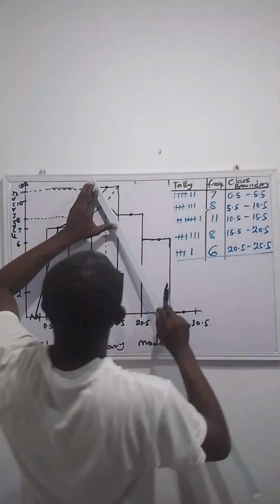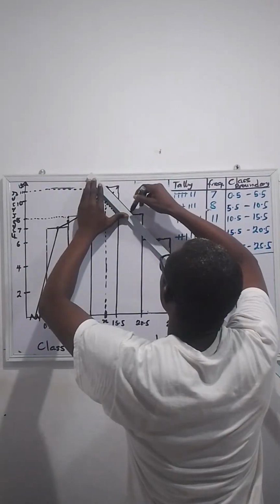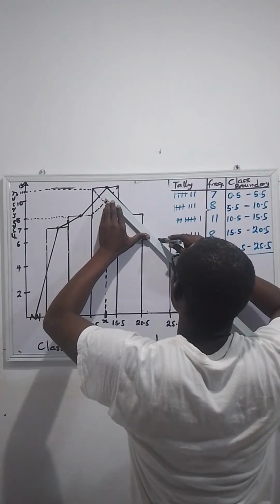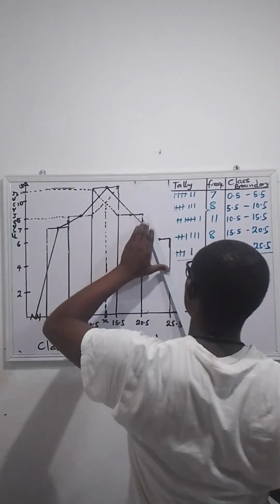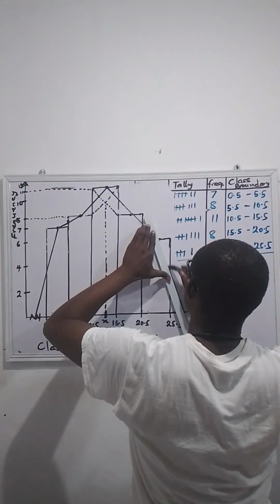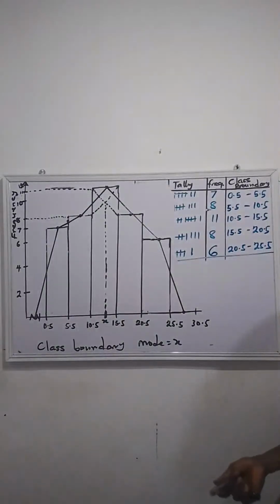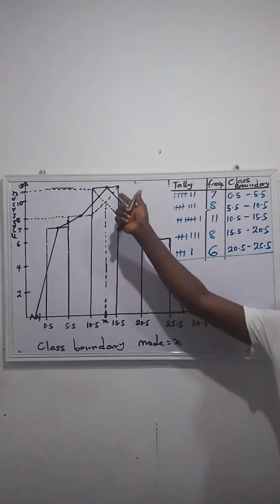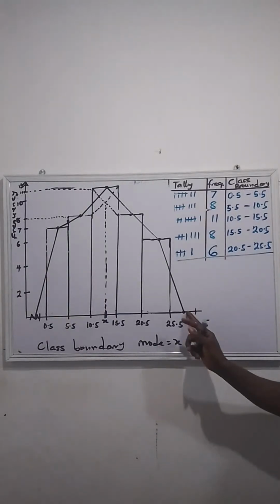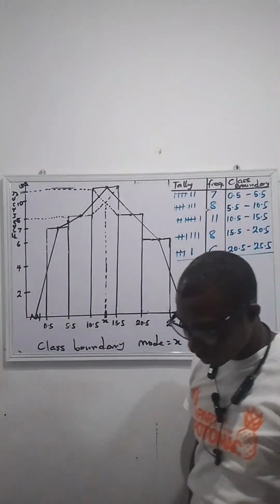Okay, so can you see that now? That is the frequency polygon. So that's what we have now, right? So that is the answer to that problem.